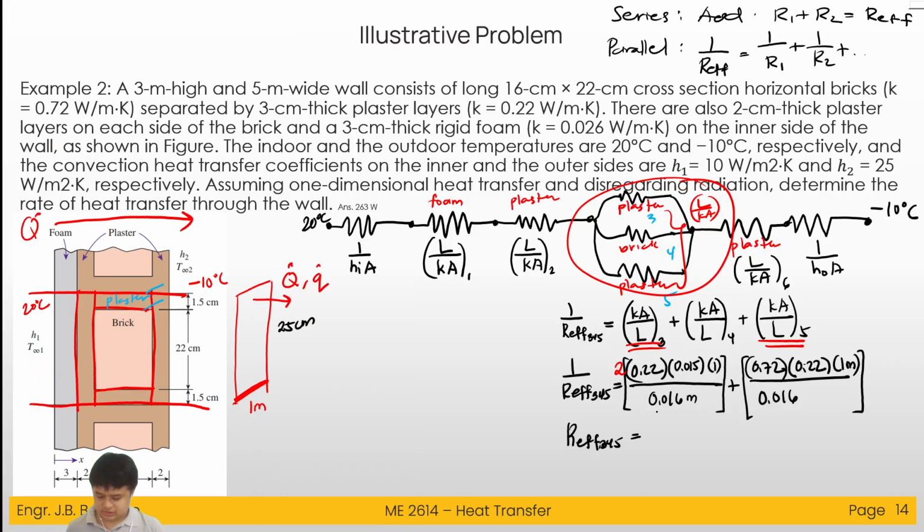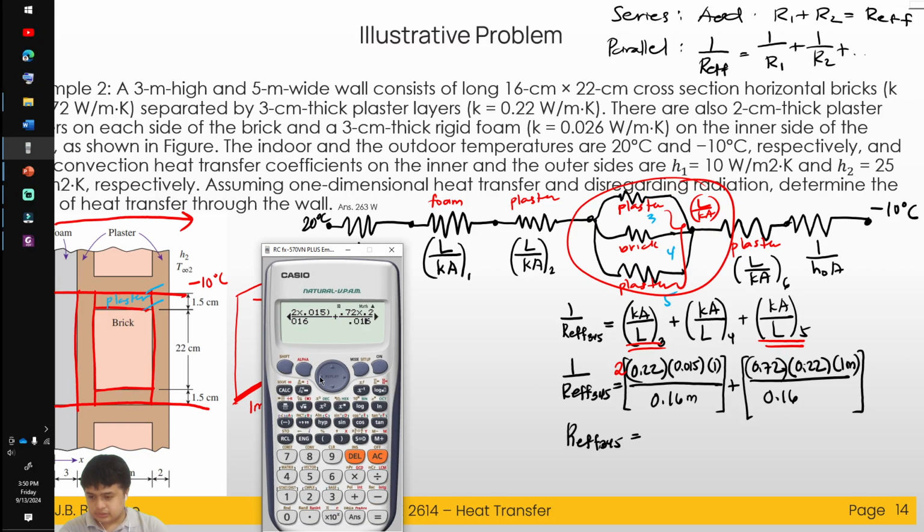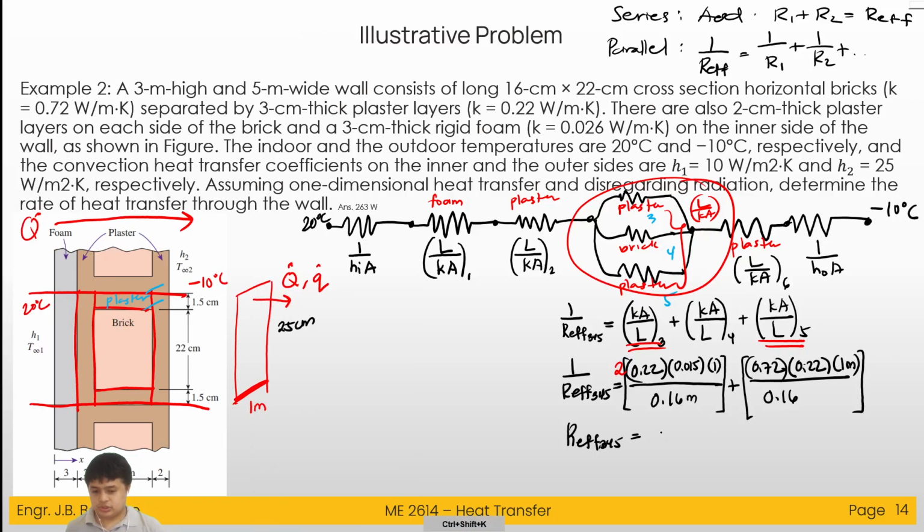We have a wrong unit here. So this should be only 0.016, in meters. So you have 0.9697 Kelvin per watt.